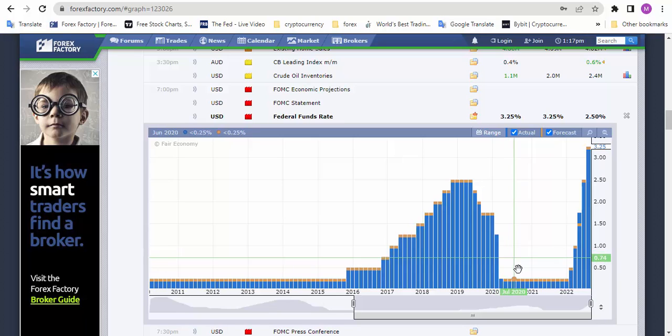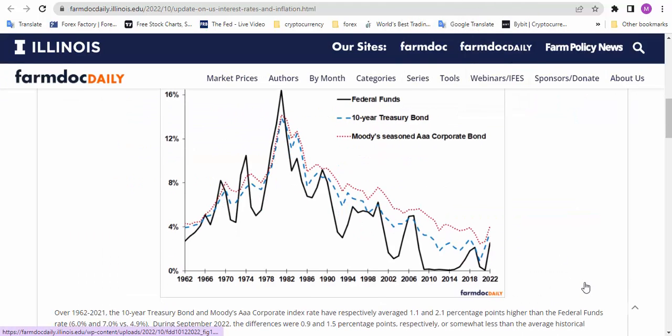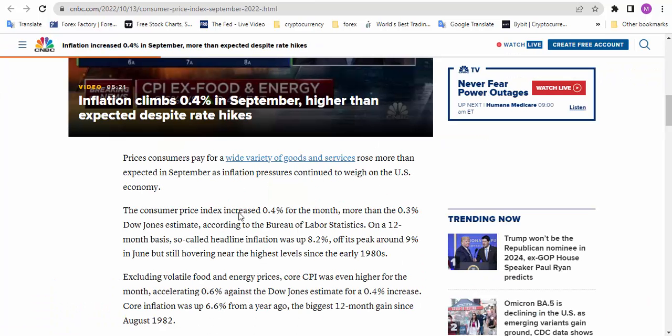When unemployment rate is high, Federal Reserve reduces interest rate to create jobs, and when inflation is high, they increase federal fund rate to reduce the inflation.